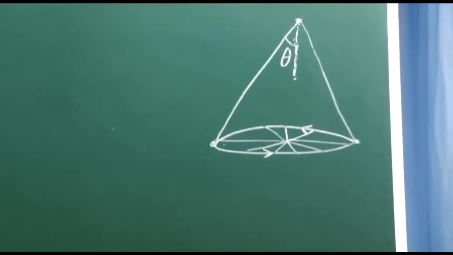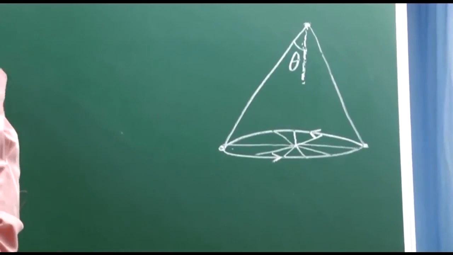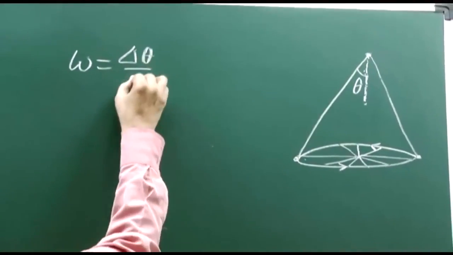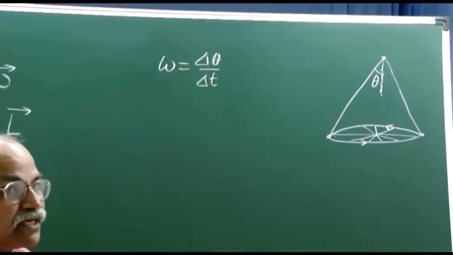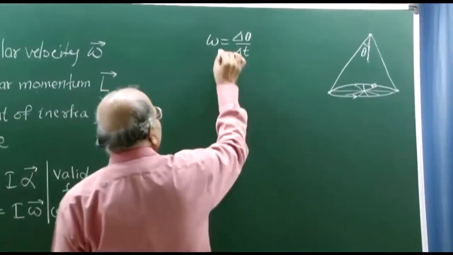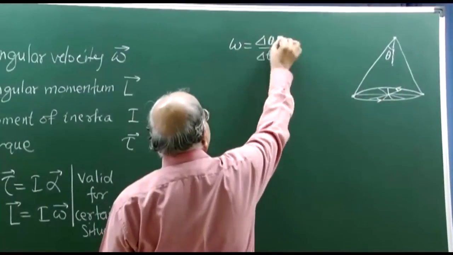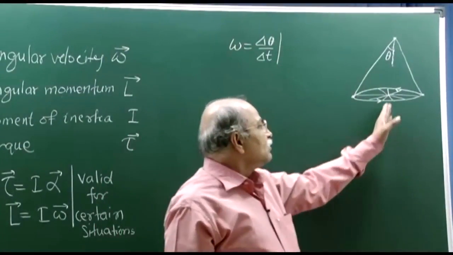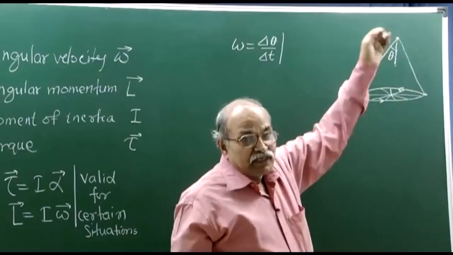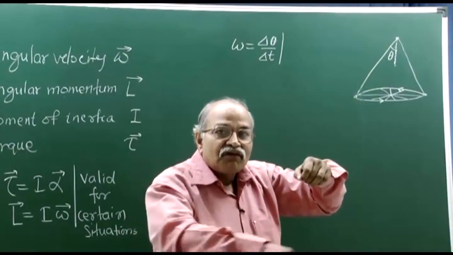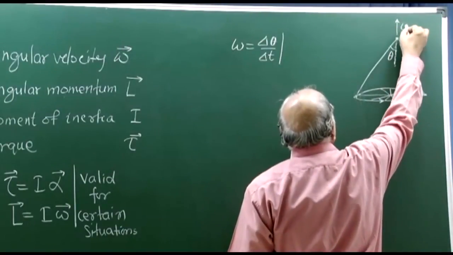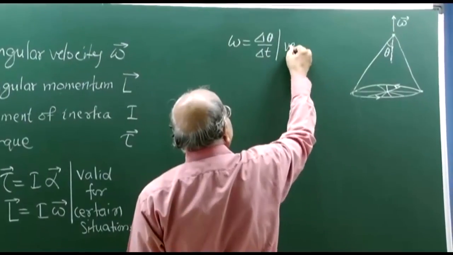So, you can ask what is d theta dt or delta theta delta t, that is the magnitude of omega, and if I am maintaining this rotation at a constant rate, then this omega is constant, and its direction is along this axis of rotation, and in our case it is vertically upward because the ball is going in the anti-clockwise direction. So, this is the direction of this omega, vertically upward.